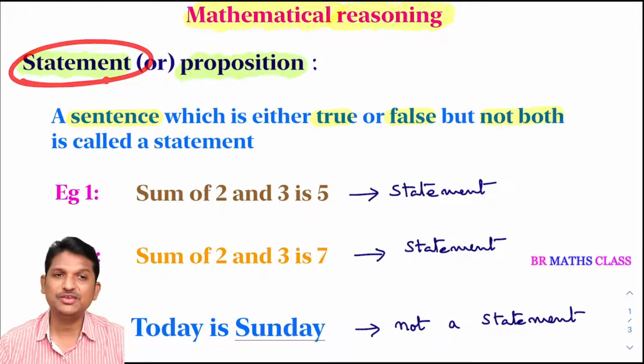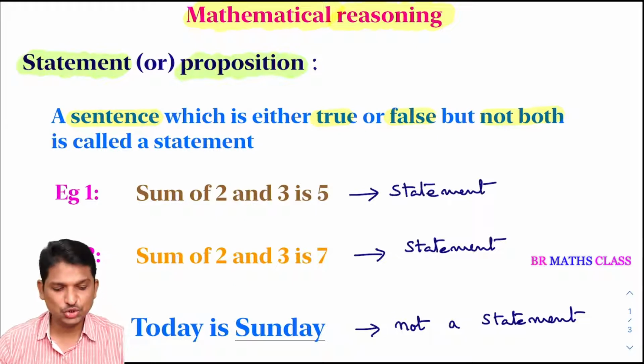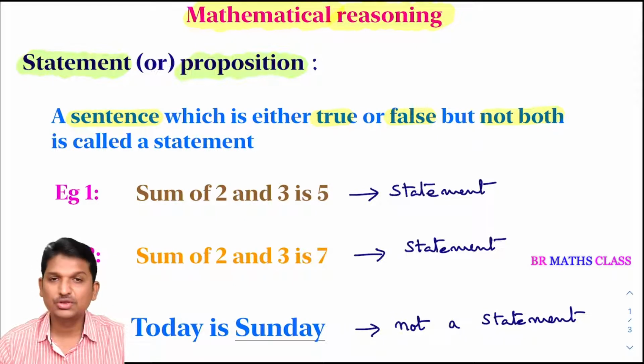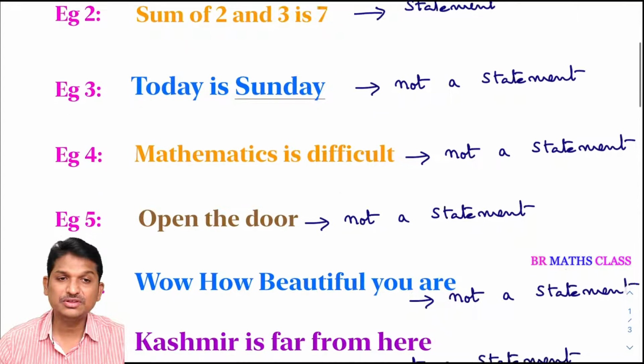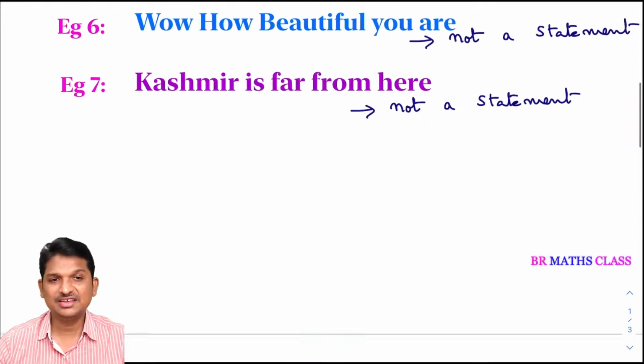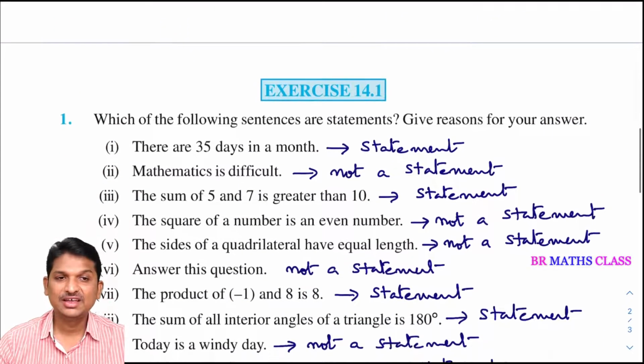Like that, everywhere we'll use this. So you must know what a statement is, right? It is a sentence which is either true or false, but not both. I hope with these examples you understand these things clearly, right?